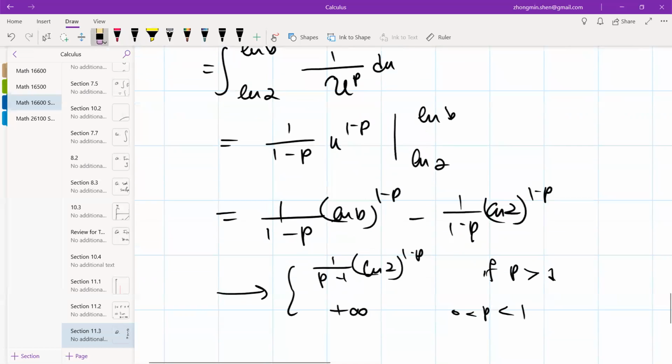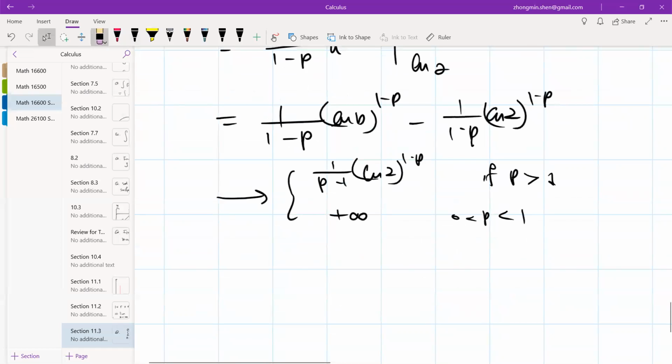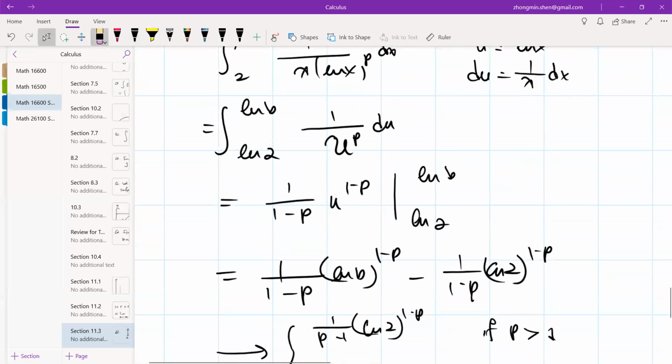So we see that it's similar to the p series, okay? But you can also get an estimate of this.